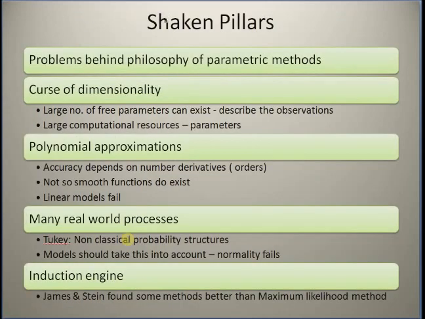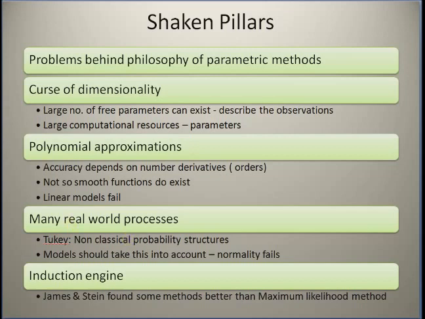However, because of the advent of modern computers and the application of this computing technology to solving many real world and research problems, scientists and statisticians have found many problems with the parametric approach.